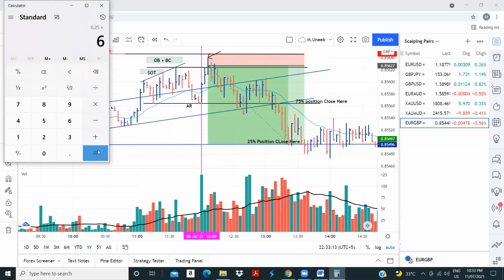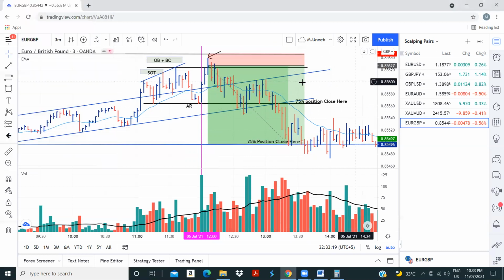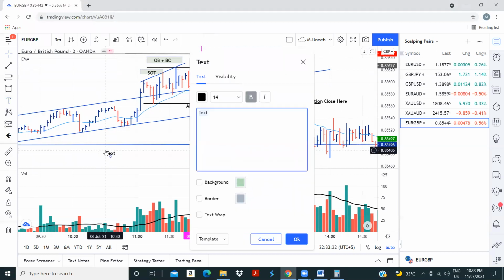Let's give it 6 because we are also taking spreads and commission into account. So it will be around 1.5. So 1.5 are here. 0.5 R.